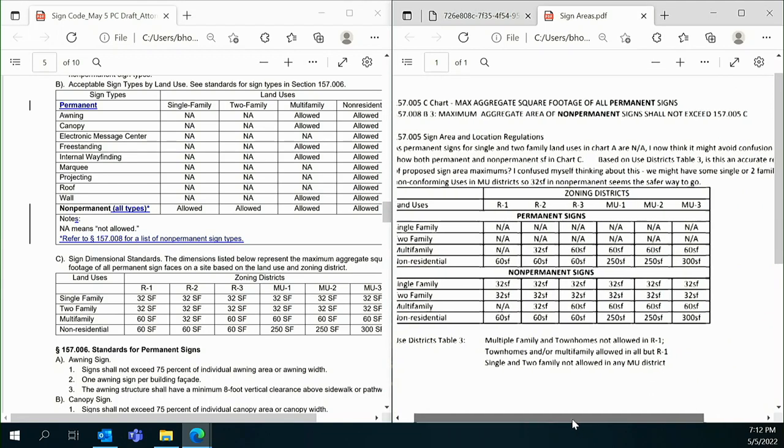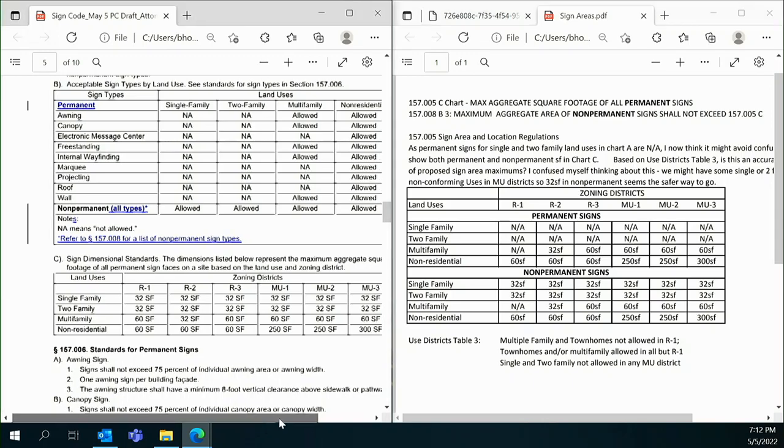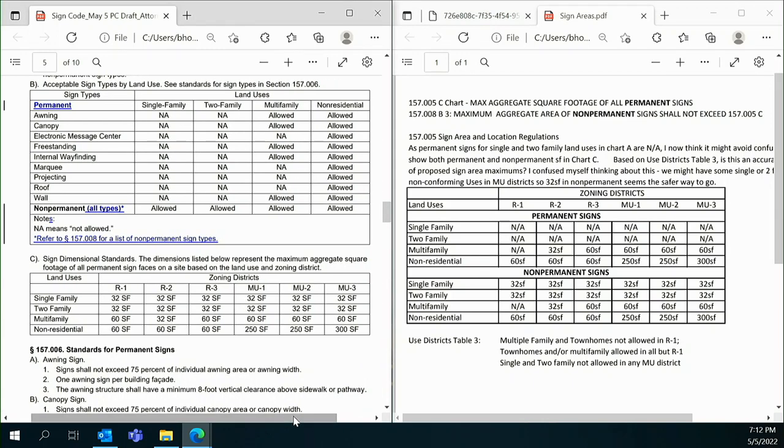The only other potential thing, let me go back to where we do the non-permanent thing. Yeah, that fits then for what we say about here's how much you can have in permanent, here's how much you can have in non-permanent.